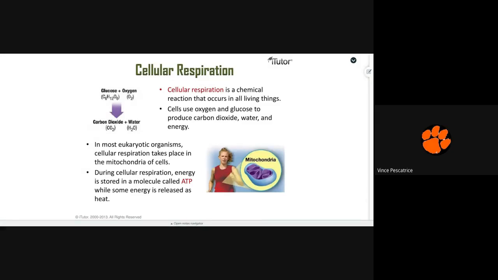During cellular respiration, ATP is the energy that is made. All right, this takes place in the mitochondria. Remember how we called them the powerhouse of the cell? That's because this is where all of this is happening. So this happens in the mitochondria.